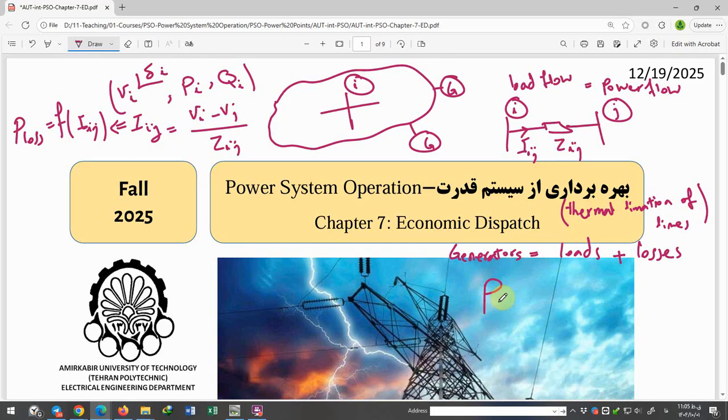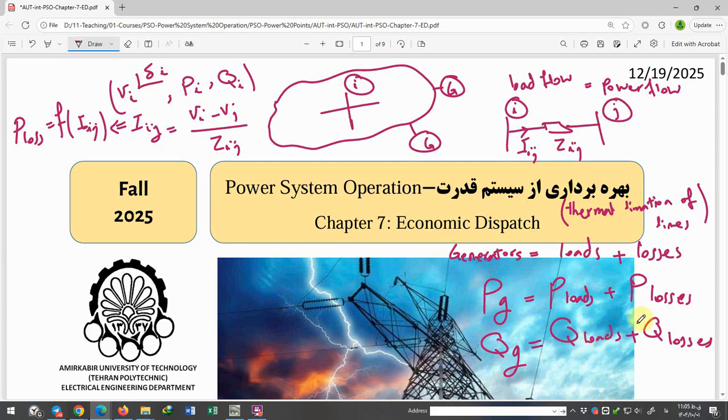The active power generated by generators is the active power of loads plus the active power losses in transmission lines, and the reactive power generated by generators is the reactive power needed for loads plus the reactive power losses in transmission lines.